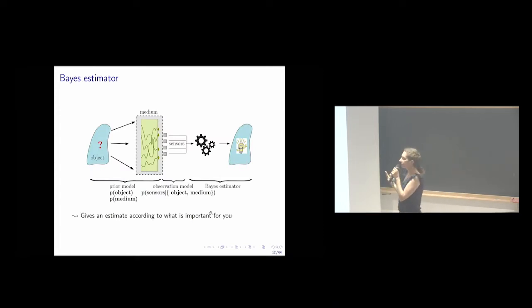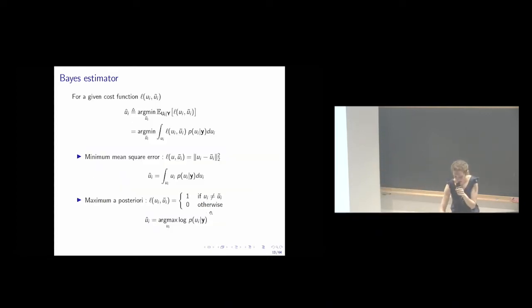Okay, the third ingredient you need for Bayesian inference is the Bayes estimator. This is your estimator. You have to say what is important for you in terms of error. A Bayes estimator is defined according to a cost function, and you can define different cost functions.